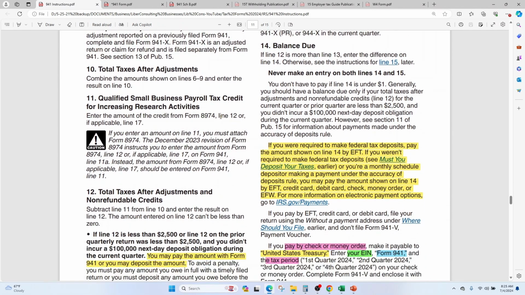So if you are required to make a deposit, you use EFT, paying the amount shown on line 14 by EFT. If you aren't required to make federal tax deposits, or you are a monthly scheduled depositor making a payment under the accuracy of deposit rule, you may pay the amount shown on line 14.